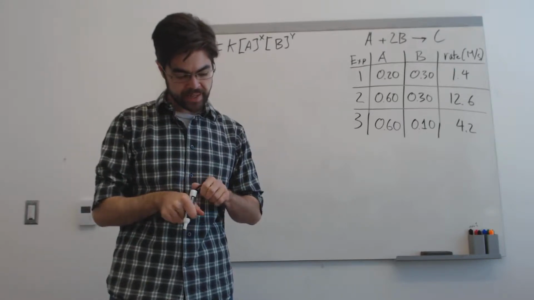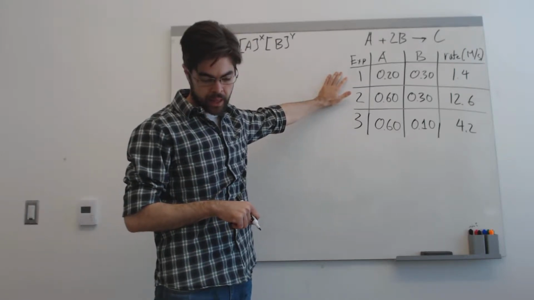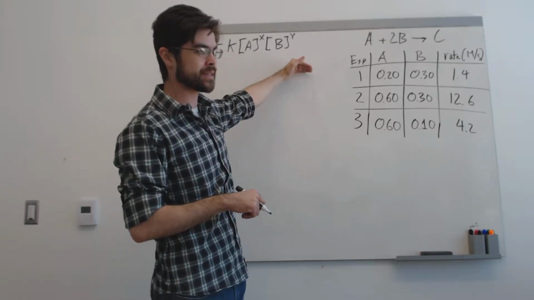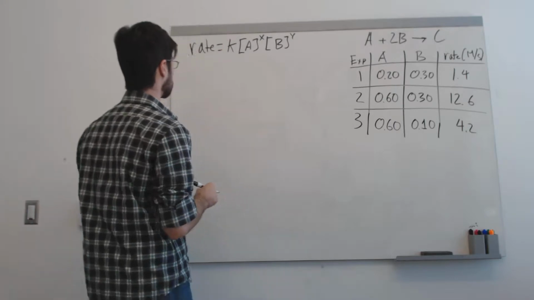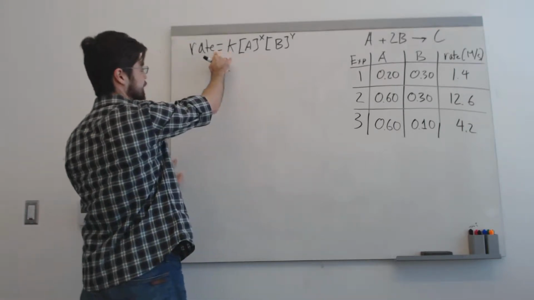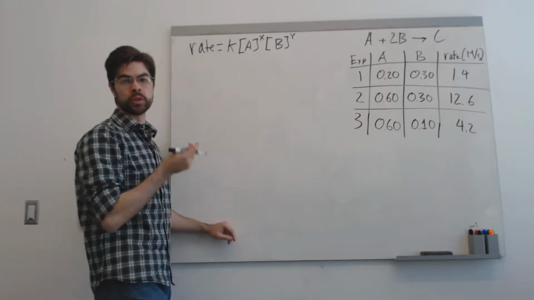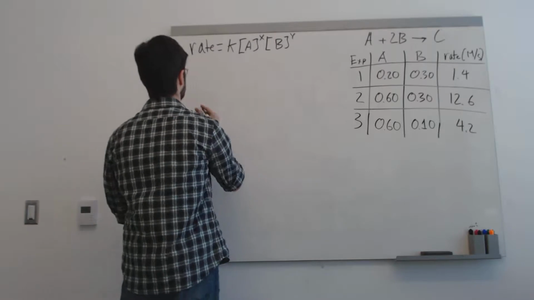The basic idea is that if you have multiple experiments, you can take the rate of one experiment and divide it by the rate of the other experiment. I'll be writing little subscripts 1, 2 and 3 to refer to individual trials.